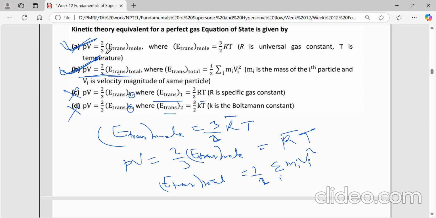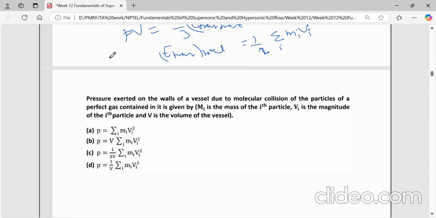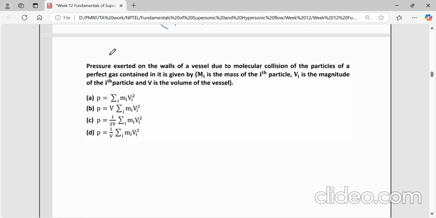Now we will see the next problem. Pressure exerted on the walls of a vessel due to molecular collision of the particle of a perfect gas contained in it is given by, mi is the mass of the ith particle, vi is the magnitude of the velocity of the ith particle, and V is the volume of the vessel.